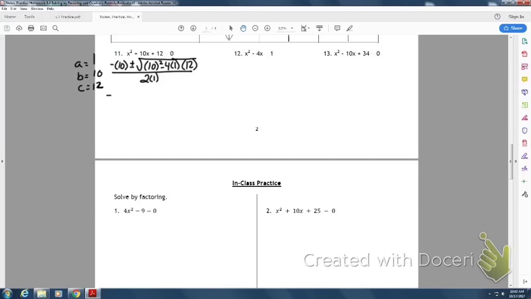So at the beginning, I would have negative 10. I've still got plus or minus. Then I have the square root. 10 squared is 100. Most of the time I'll do the b squared, and then I'll do negative 4 times the a times the c. So negative 4 times 1 is what? Negative 4. And then times 12 is negative 48. 2 times 1 is 2.